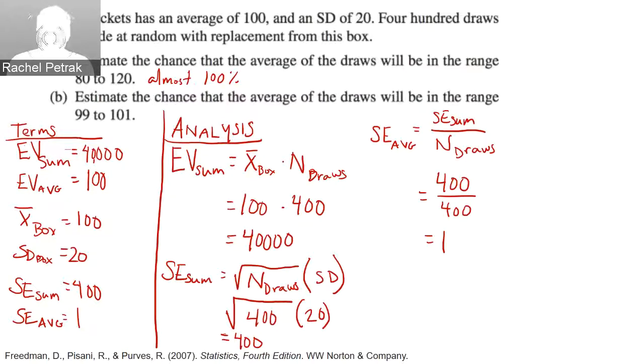Yep, we're looking for a percent chance here that the average of the draws is in the range of 99 to 101. We don't need to do any math to do this one, really.